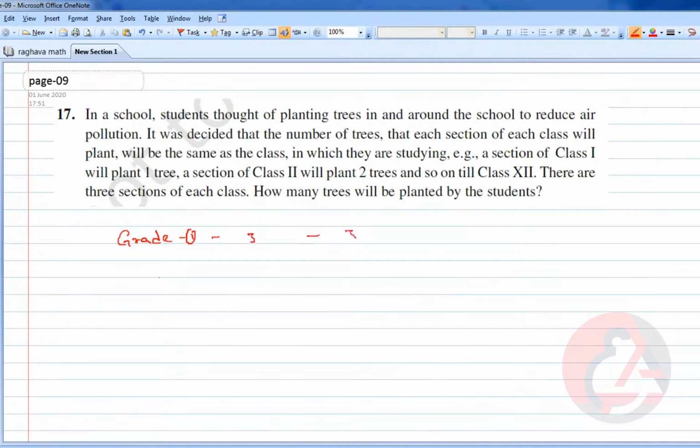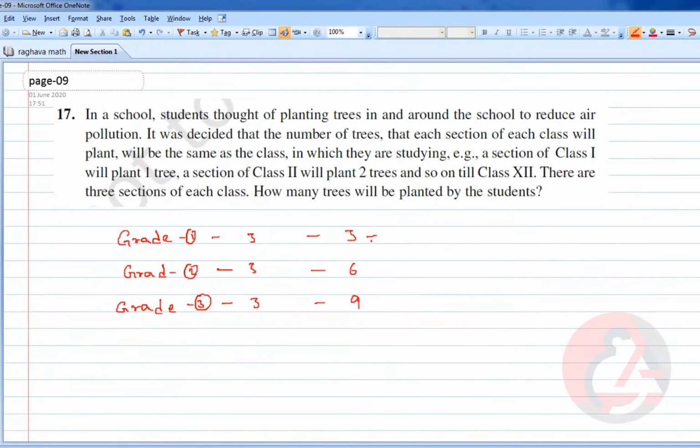So 3 trees. Grade 2 also has 3 sections, but because it is grade 2, they will plant 6 trees. Grade 3, 9, sir. 9, because each section will plant 3 trees since they are in grade 3, so 3 sections will plant 9.